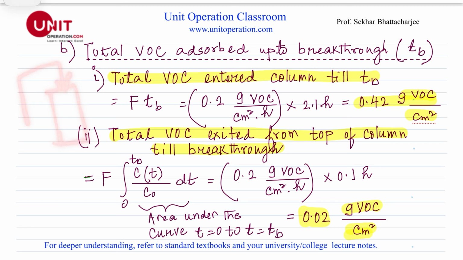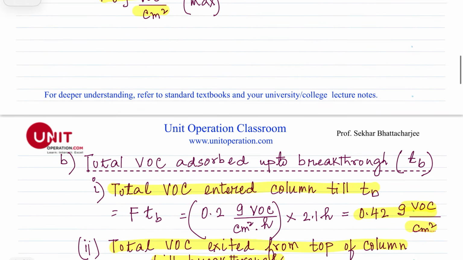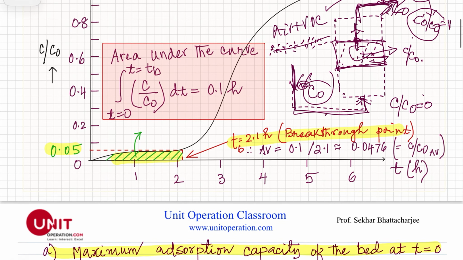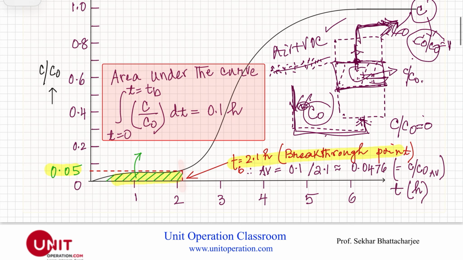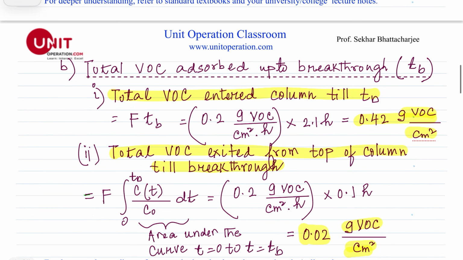This is the amount of VOC entering times 2.1 hour. So the total amount that has entered is 0.42 gram of VOC per square centimeter. So up to this time, 0.42 gram of VOC per square centimeter has entered the column.